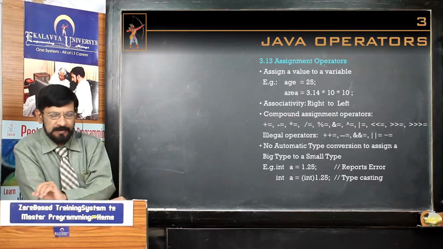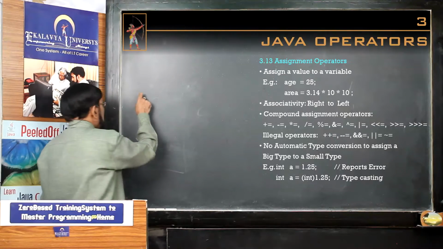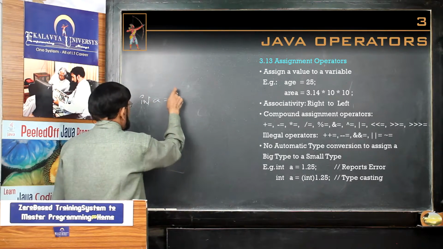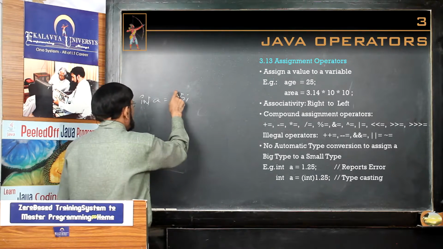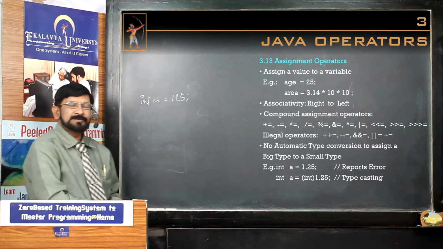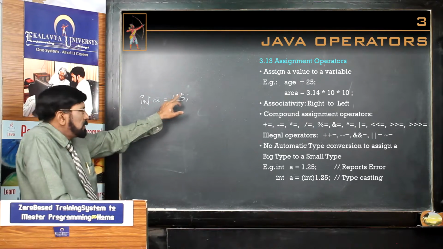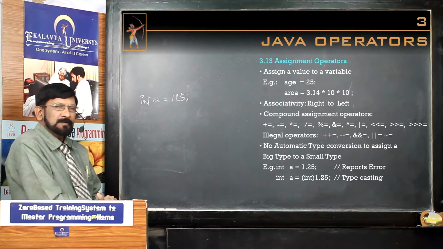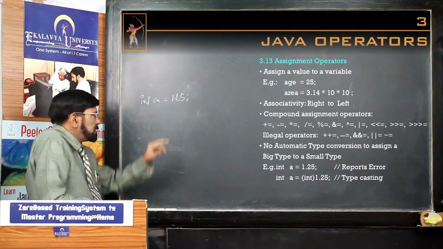Explicit type conversion is known as typecasting. This is practically explained to you. Now, int a, 1.25 you want to assign. As far as C is concerned, actually 1 is assigned to that. The 0.25 is automatically truncated. There is no issue. But Java is a strictly typed language. Just like that, you cannot assign that.